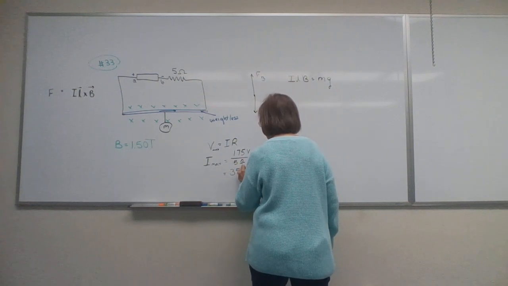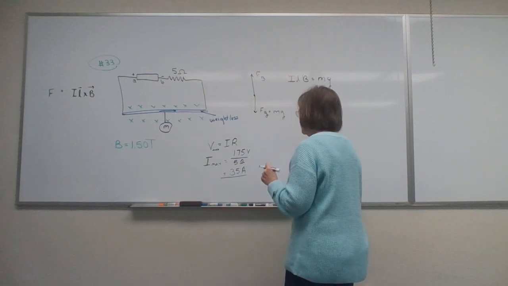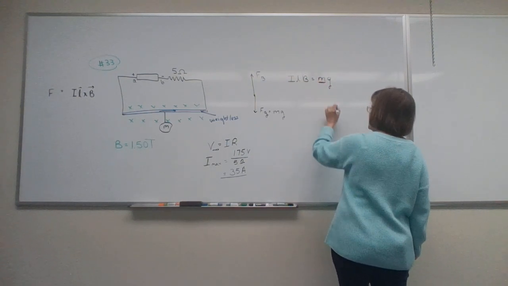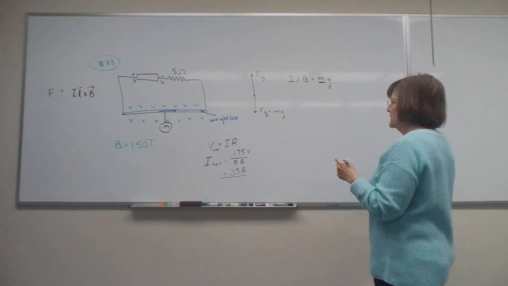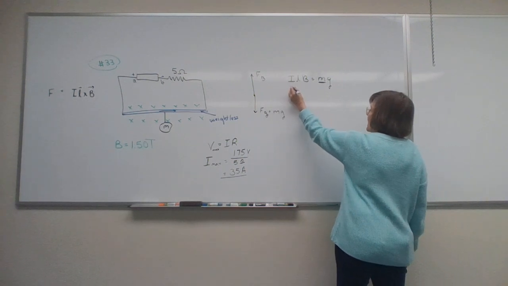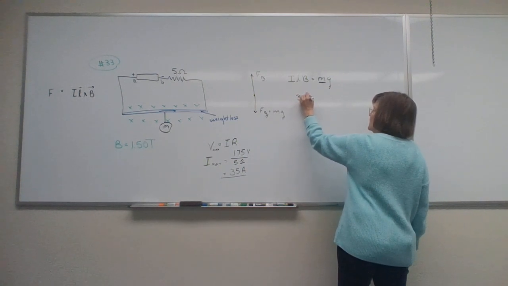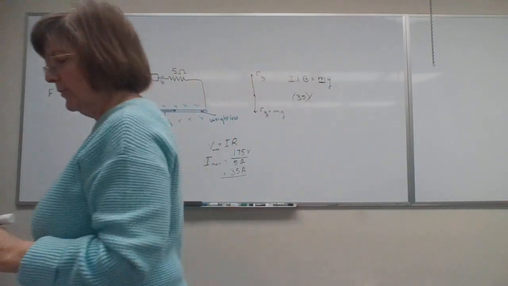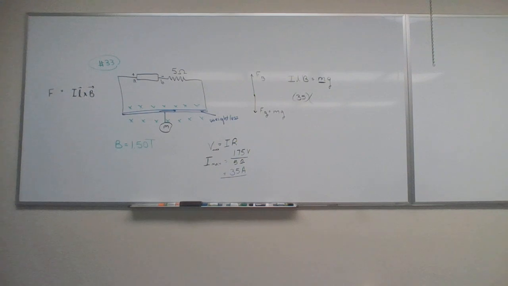Using that maximum current, I can figure out how big this can be. What's the greatest possible mass it can handle? So I is 35. The length they told me in the problem, I didn't write it on the picture, but let's read it. The horizontal bar is 60 centimeters.